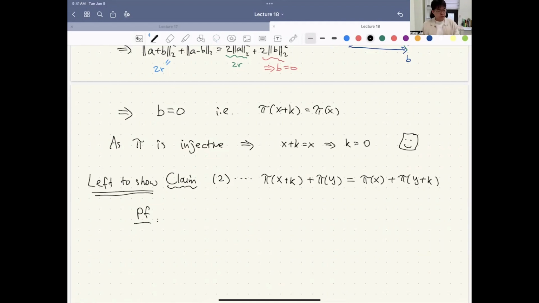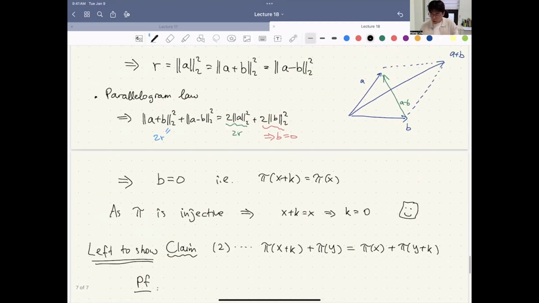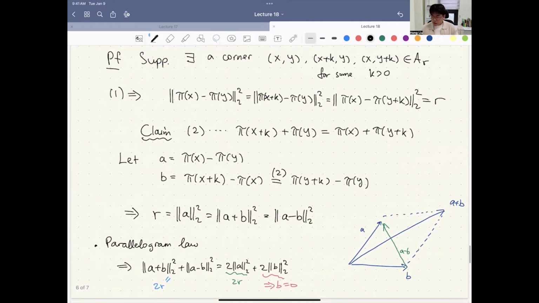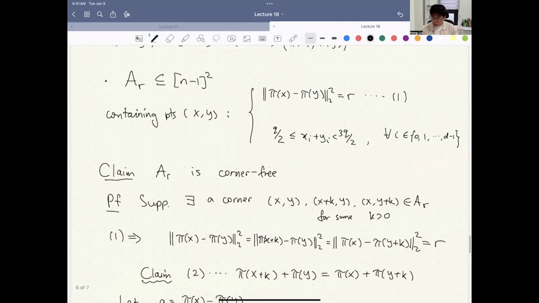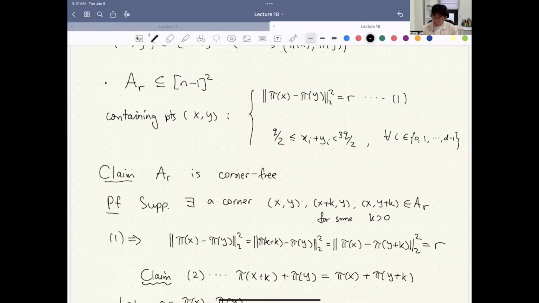This is, as I said, induction, and that's where we use this part. So this part implies corner free.